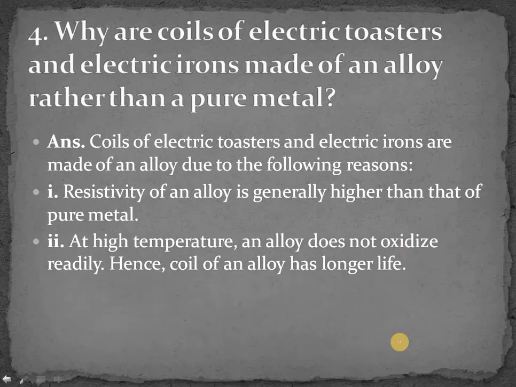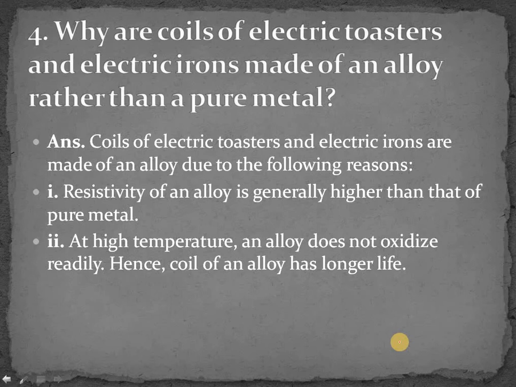Now the second one is, if we change the temperature, like we know that electric toasters and electric irons work on high temperature. So we know that they will get oxidized. So at high temperature, if we are using alloy, they won't get oxidized very readily.